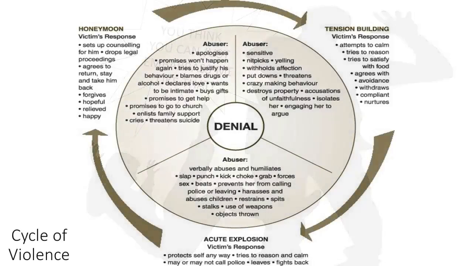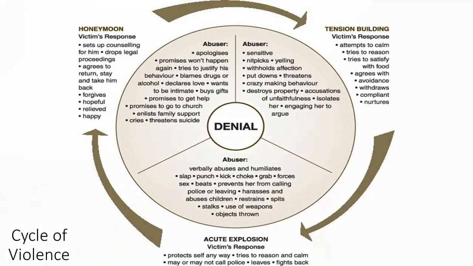In some cases, this can lead to serious injury of the victim, and sometimes in this stage is where the victim might have to go to the emergency room or sometimes end up killed.